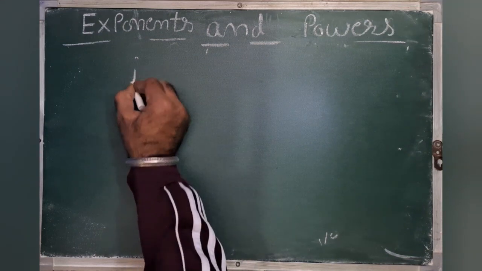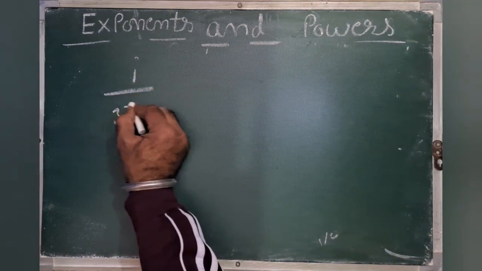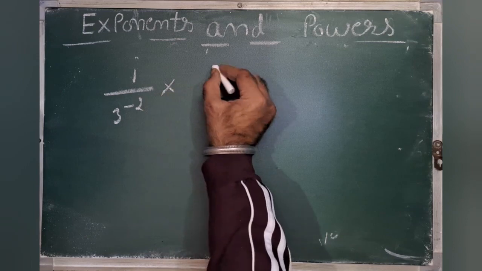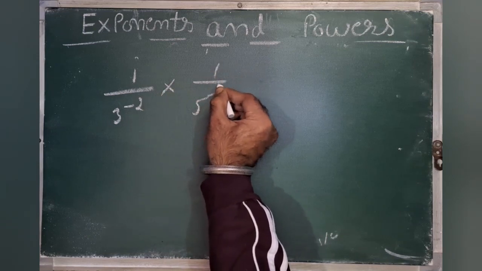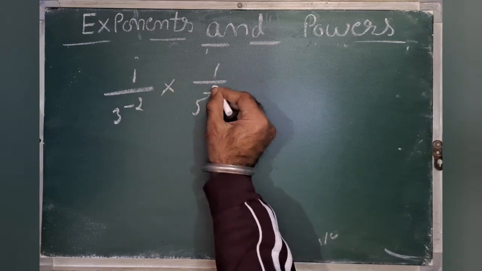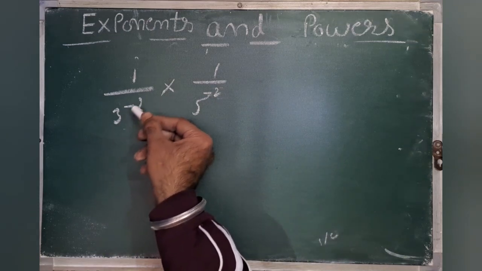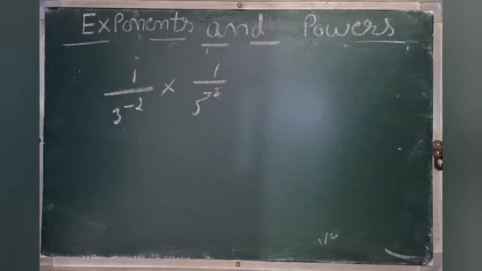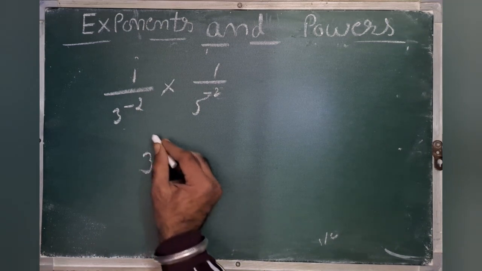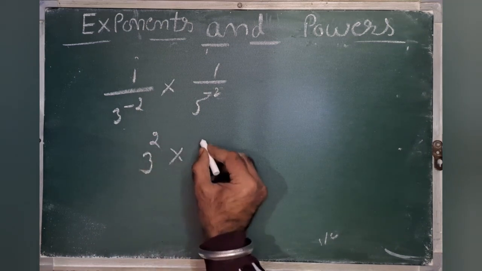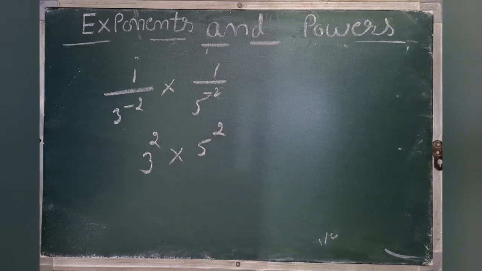Like if I write (1 upon 3) power minus 2 multiply (1 upon 5) power minus 2. So what do we do in this? In this, again the exponent is negative. We will take the reciprocal. So that means we write 3 power 2 and this 5 power 2.